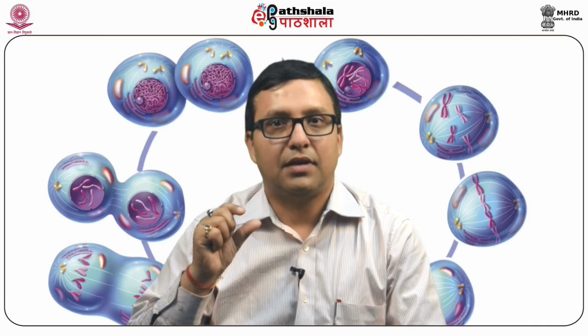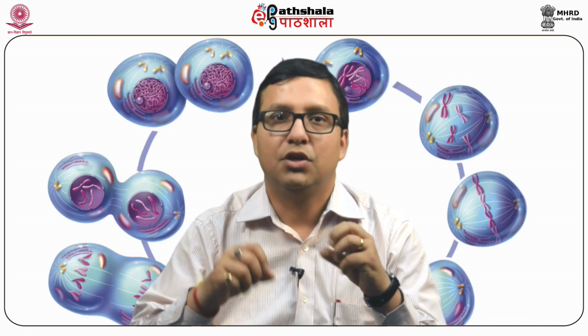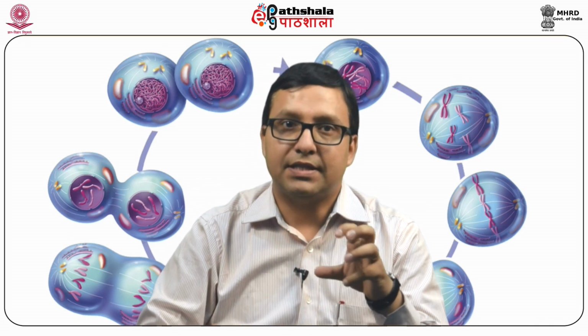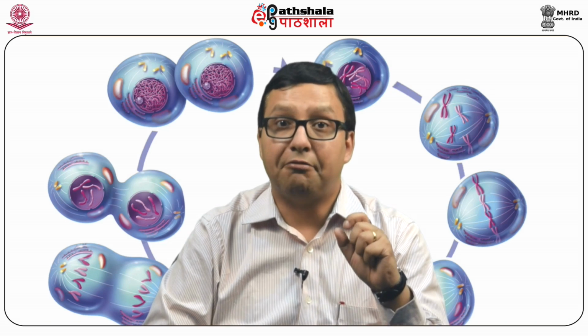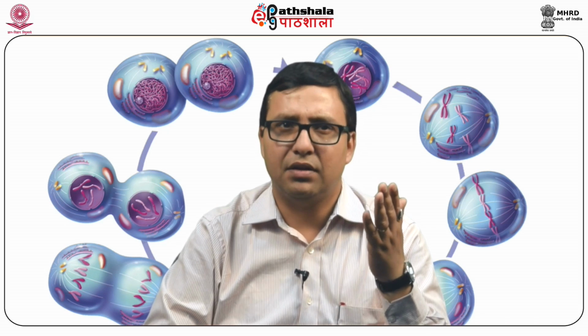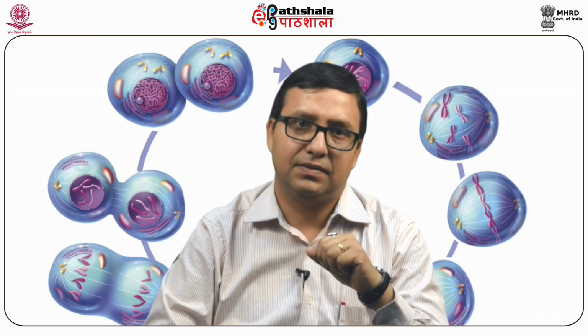Karyokinesis, which is nuclear division, is followed by cytokinesis, which is the division of cytoplasm. Cytokinesis is the final stage of mitosis. It differs between a plant cell and an animal cell.